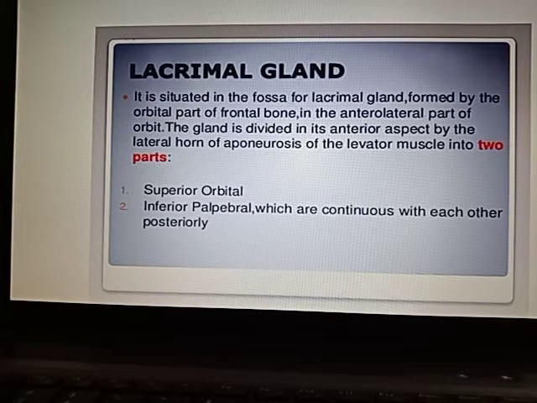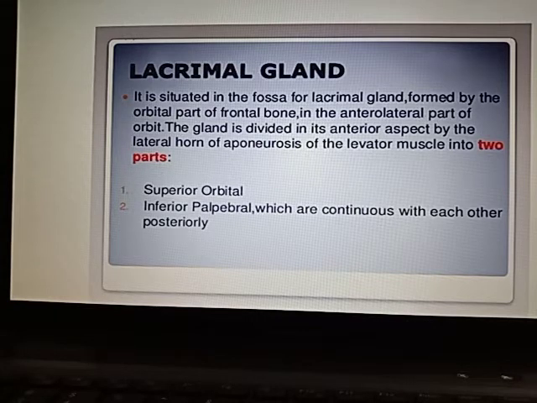The gland is divided in its anterior aspect by the lateral horn of the aponeurosis of the levator muscle into 2 parts, a superior part and an inferior part. The superior part lies above the muscle, and the inferior part lies below the muscle.